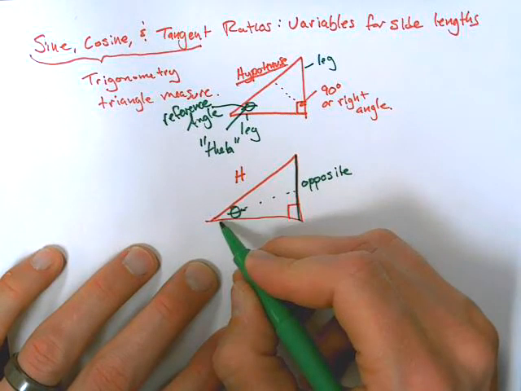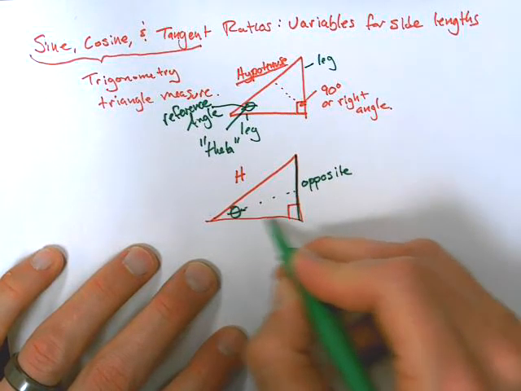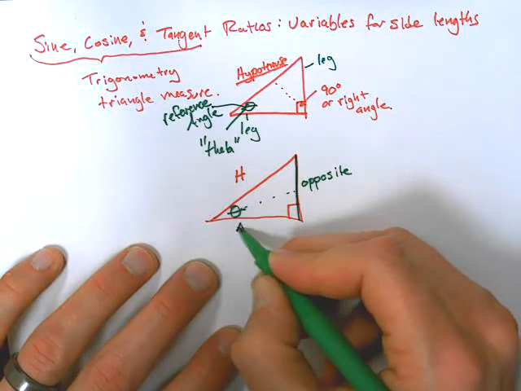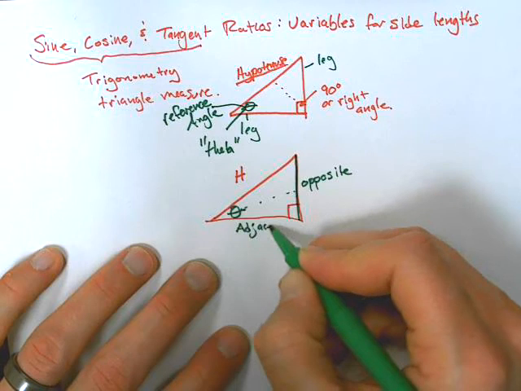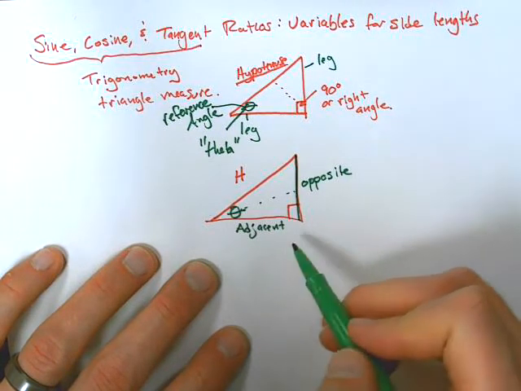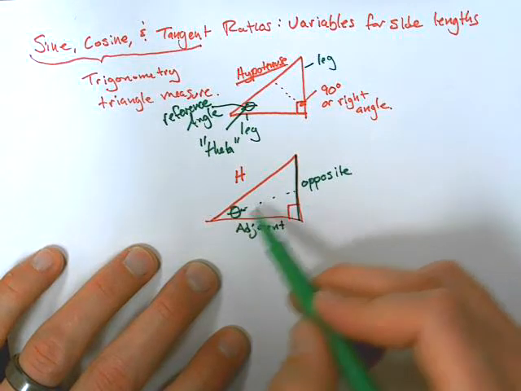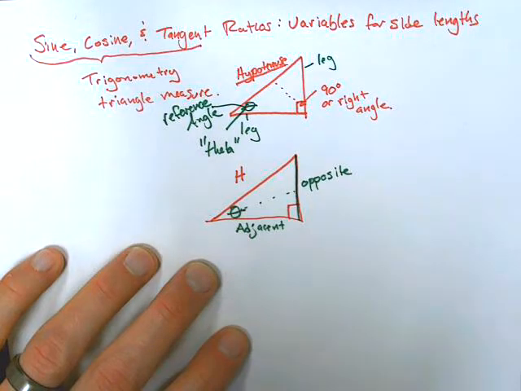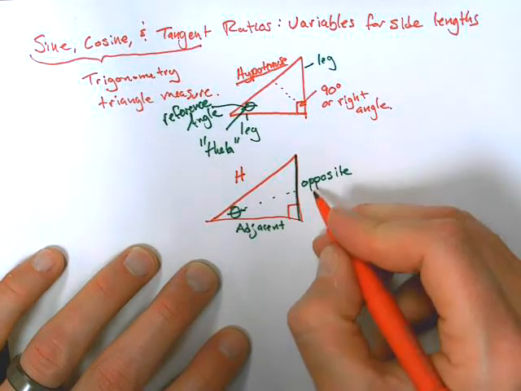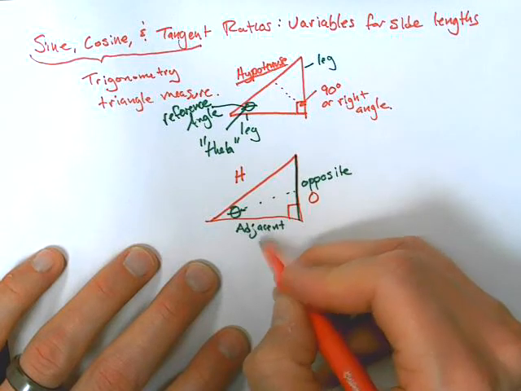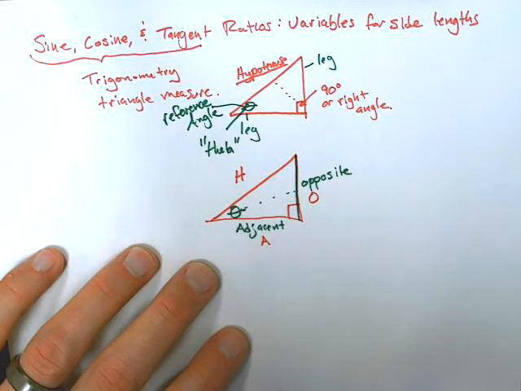And the remaining side that's right next to the reference angle is called the adjacent. Adjacent is another way of saying next to, right? If you're adjacent to somebody, you're next to them. So we have a hypotenuse, the opposite, and adjacent. And then oftentimes, instead of using the whole word opposite, we might just say O, and instead of adjacent, we can say side A.